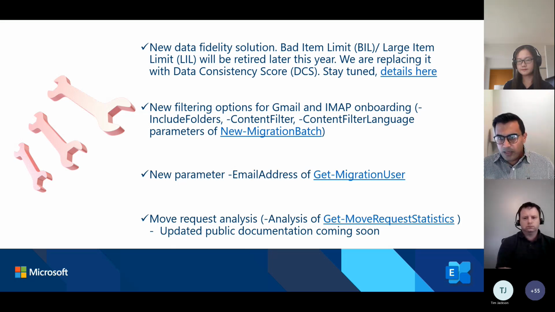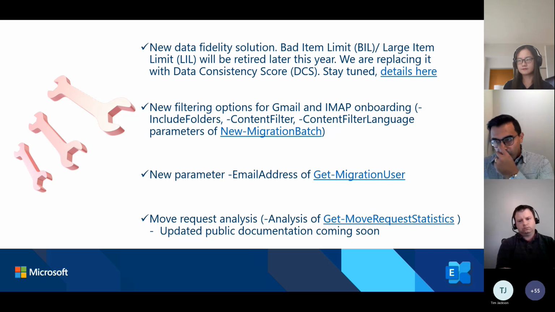We have added a couple of parameters to the new migration batch cmdlet. If you want to include specific folders, we can call that out now. If you want to migrate by certain date ranges, content filter will let you do that. If you want to selectively migrate by language, that's also available in content filter language.